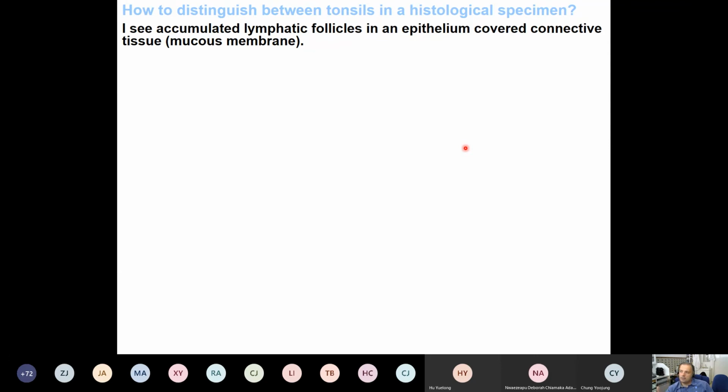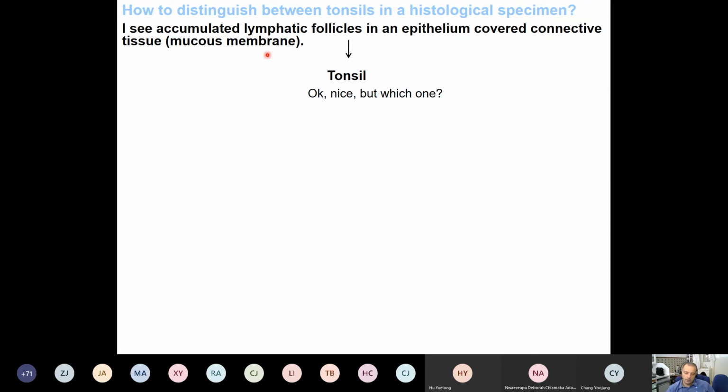I get the slide, I look into the microscope, I look into the computer picture, and I see lymphatic follicles. I see many lymphatic follicles, and I do recognize the epithelium on the surface, which is part of the mucous membrane. That fits with the definition of the tonsil. It's an accumulation of lymphatic follicles in the mucous membrane. Okay, then I know I'm in the tonsil, but the question arises then, which one?